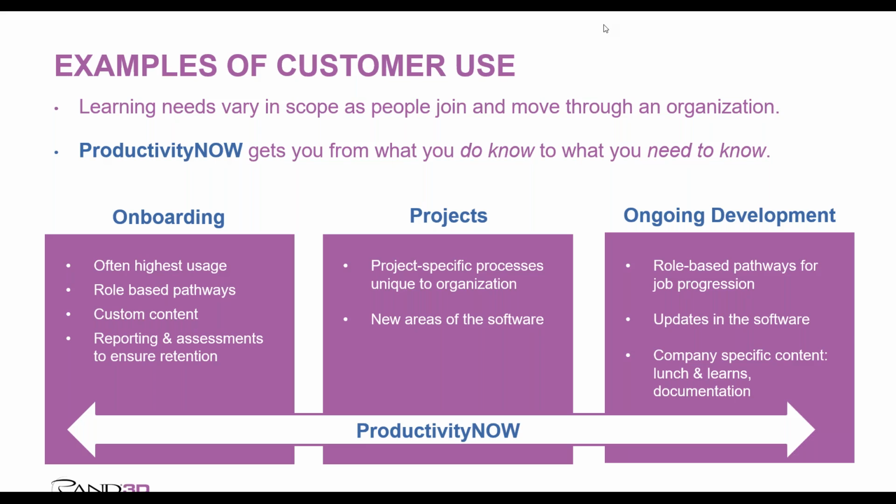And so it's really being able to get the right information to the right person at the right time. And this is where the Productivity Now site can really tile these different initiatives together and support people all along the process, from when they're onboarded, in their project work, and then also throughout the organization.